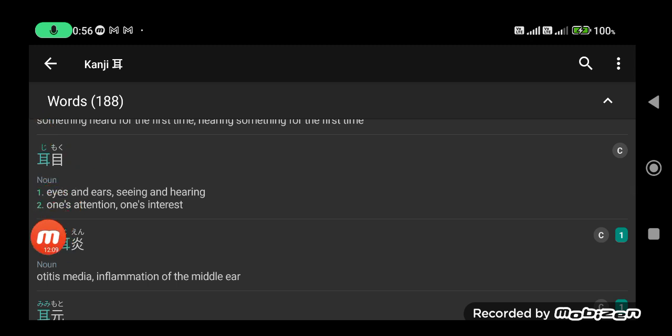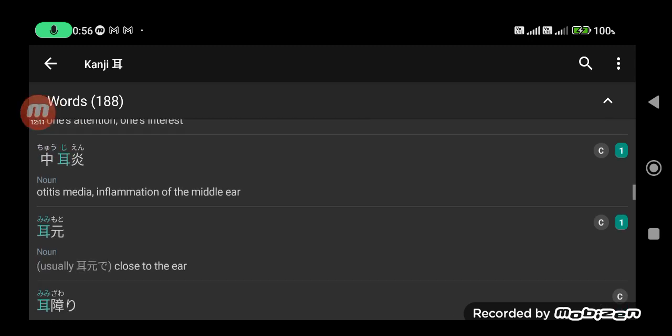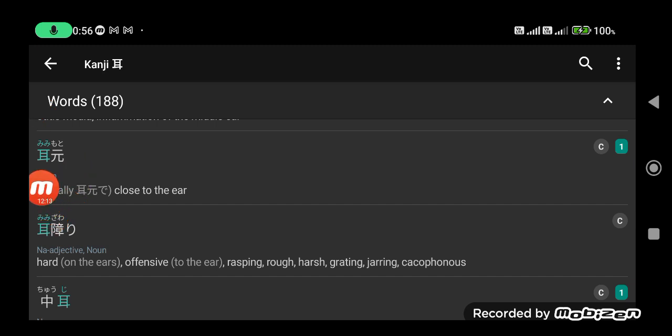Okay, jimoku, eyes and ears. Mimimoto is close to the ear. Mimizawari, something not pleasant to the ear. Zawari is not pleasant.